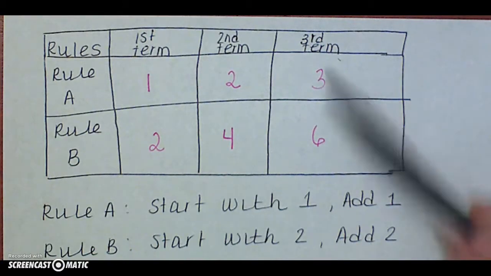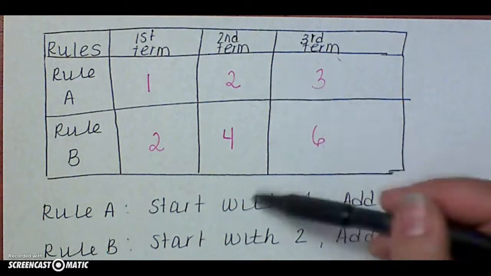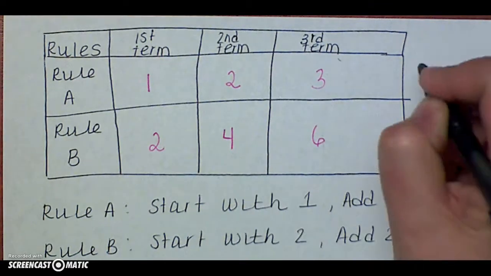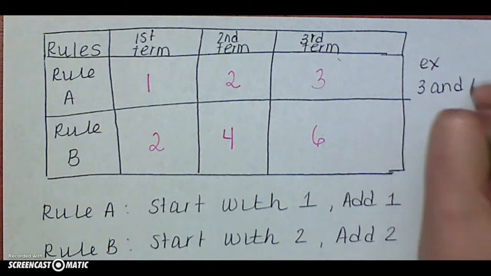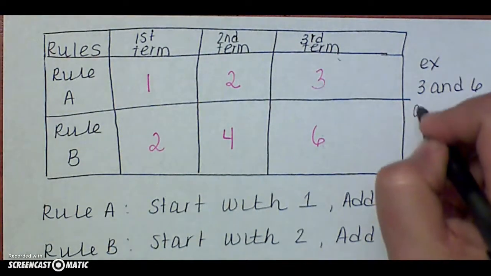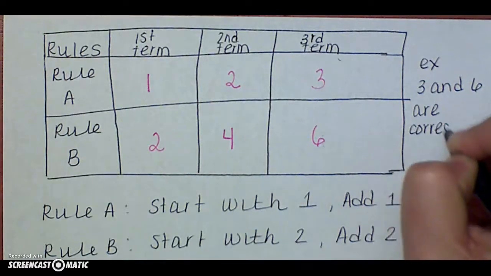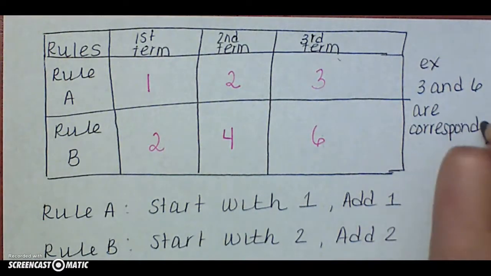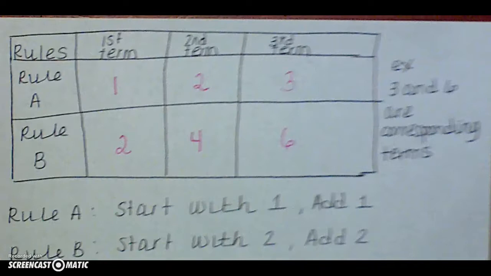So these are the terms that line up with one another because these are both third terms, second terms, and first terms. So I'll just use an example there. 3 and 6 are corresponding terms. Make sure you can see that.